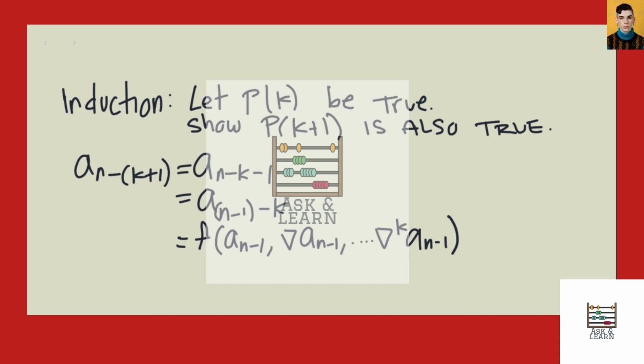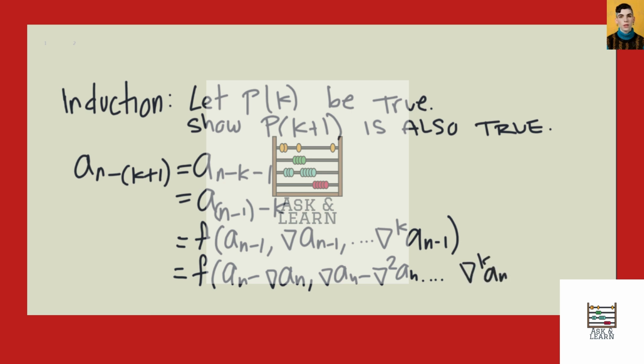Okay, then by definition of the first and second and k plus first differences, this can be rewritten as a sub n minus the backwards difference of a sub n, the backwards difference of a sub n minus the backwards difference squared of a sub n, all the way up to the backwards difference to the k of a sub n minus the backwards difference k plus 1 of a sub n.